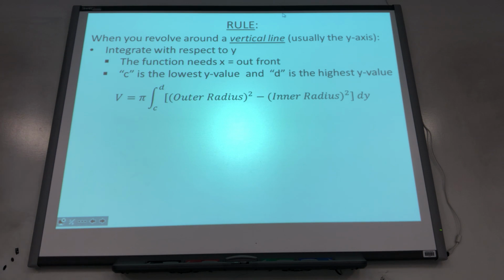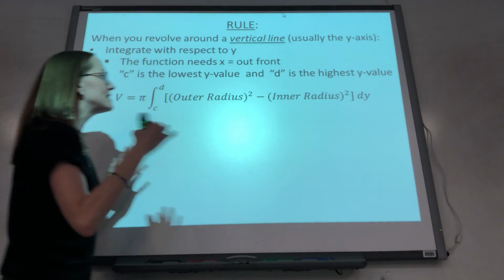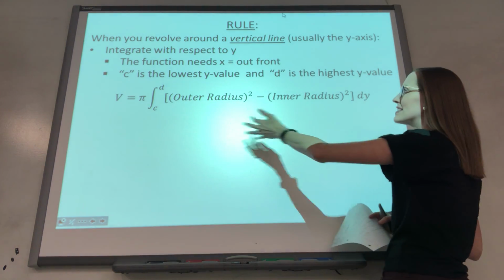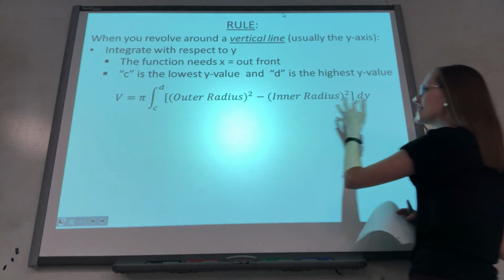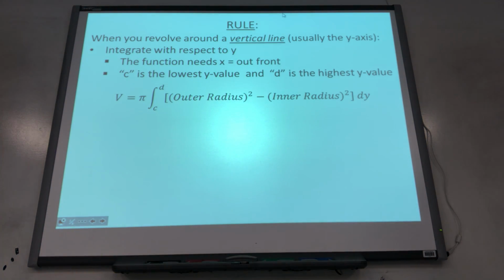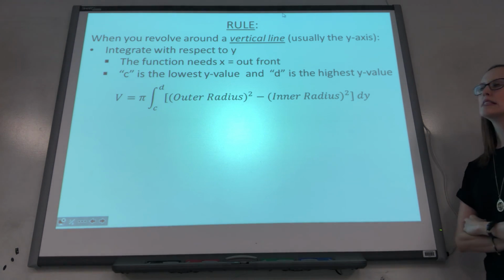Okie doke. Now, here is the setup for revolving around a vertical line other than the y-axis. It's still basically the same as Monday, except for the dy part and the c and the d. It says pi times the integral from c to d, just talked about those, of the outer radius squared minus the inner radius squared dy.